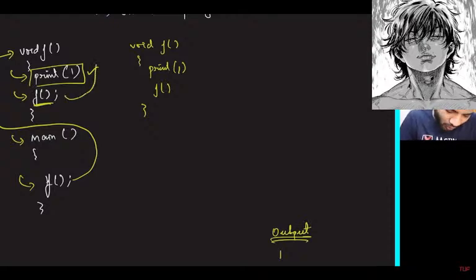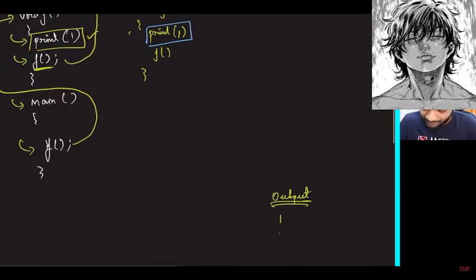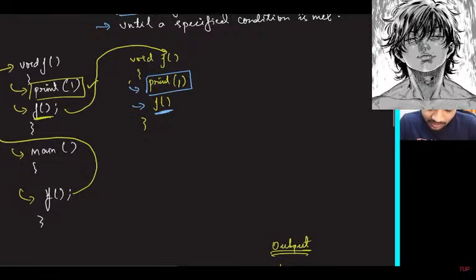Basically it calls the same function again because this function is in your memory, right? So it calls the same function again, and again this first line is executed. So again there will be an output of 1, and again the next line is executed. It again calls the same function in memory.